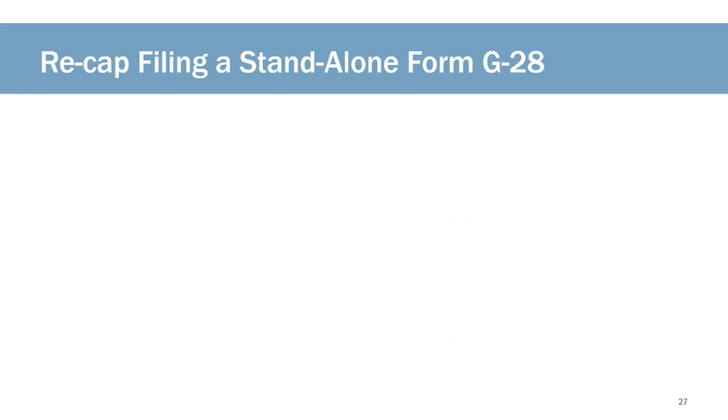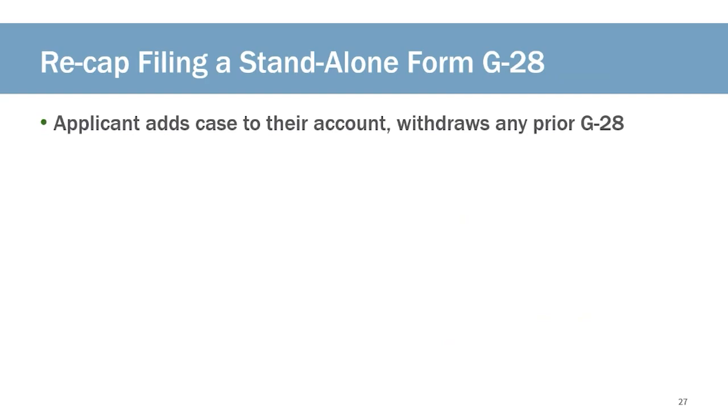You can follow these steps to link the case. The starting place is for the applicant to make sure that the paper case is in their online account. It would be there if the legal representative included the client's account number, or the client received an online access code and linked it to their account.